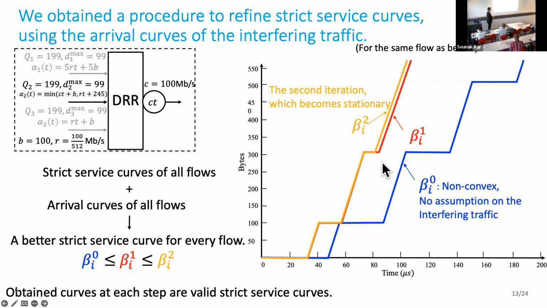We have a simple convergence argument. Since we have an increasing sequence of curves in a finite compact set, we will converge at some point, but we do not necessarily need to converge, as we obtain valid bounds at each iteration.